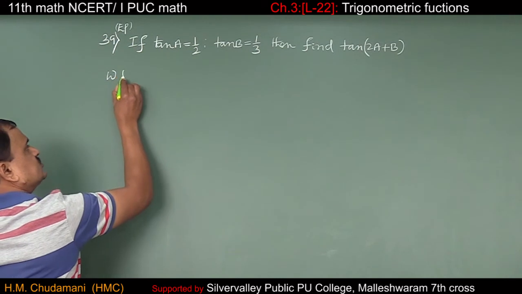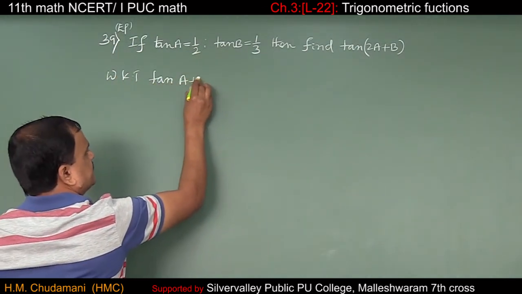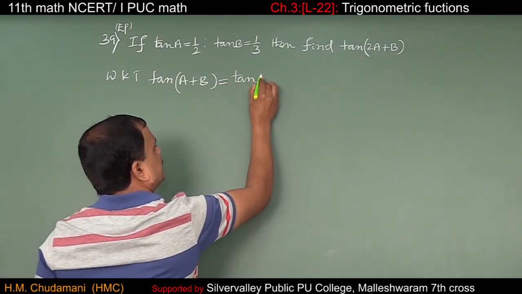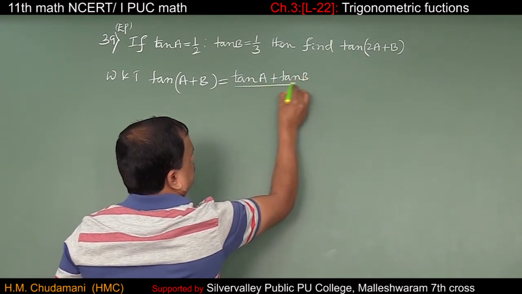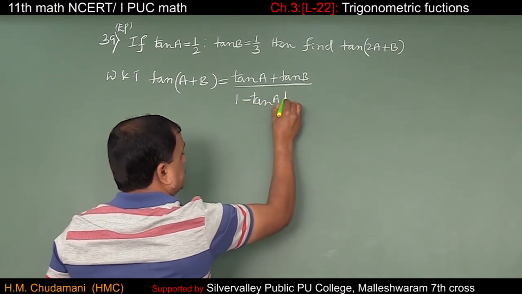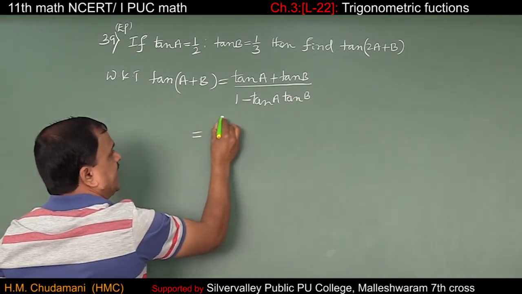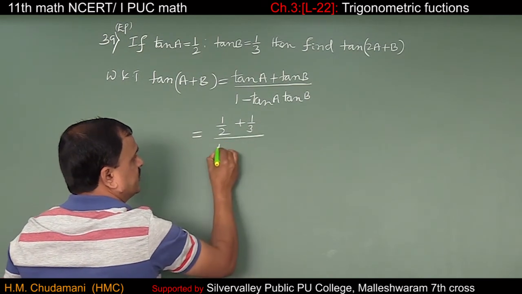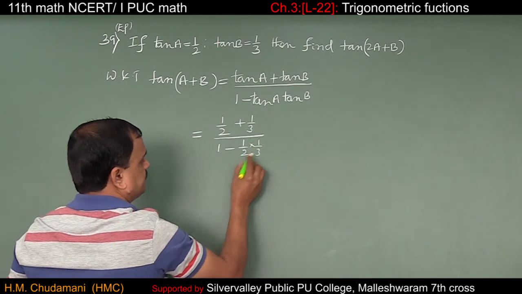We know that tan of A plus B is equal to tan A plus tan B divided by 1 minus tan A into tan B. Tan A is 1 by 2, tan B is 1 by 3, divided by 1 minus 1 by 2 into 1 by 3.